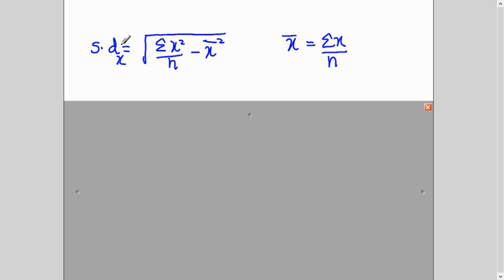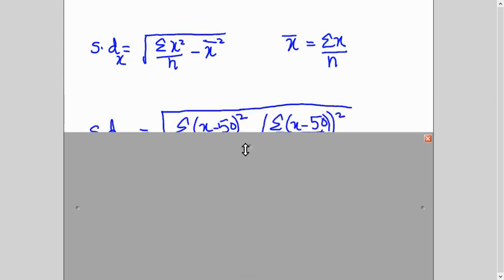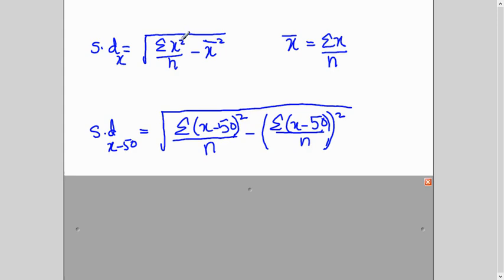Now the standard deviation of x, I have just shown you this formula. If I write it in terms of x, it will be sigma x squared over n minus mean squared. And if I write the same formula in terms of x minus 50, then in place of x, I will write (x minus 50) squared. The total number of data is the same.